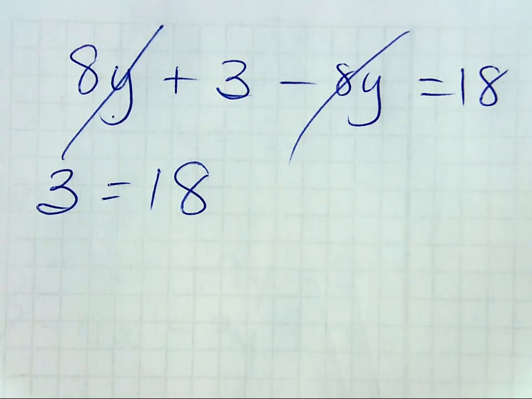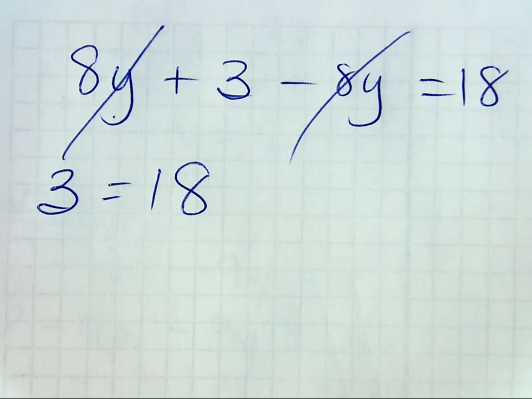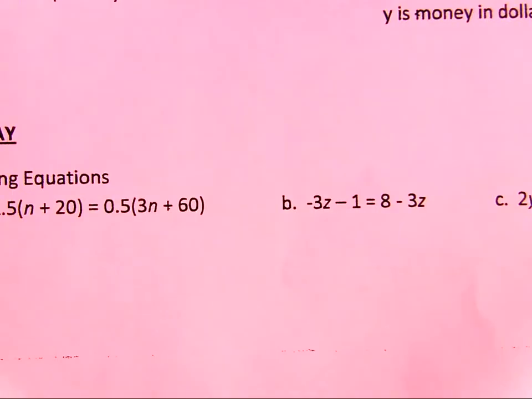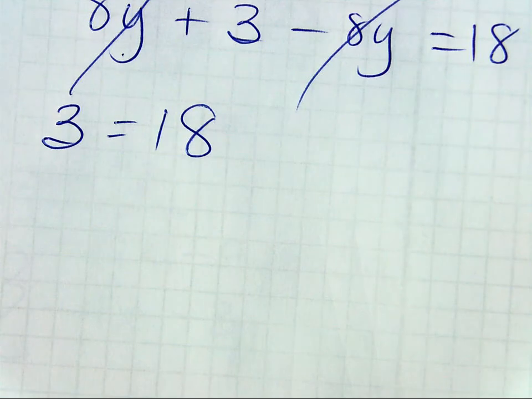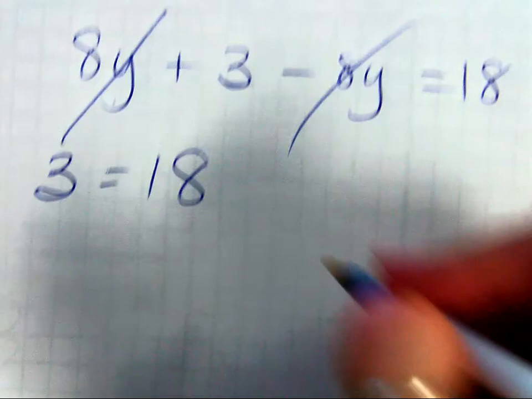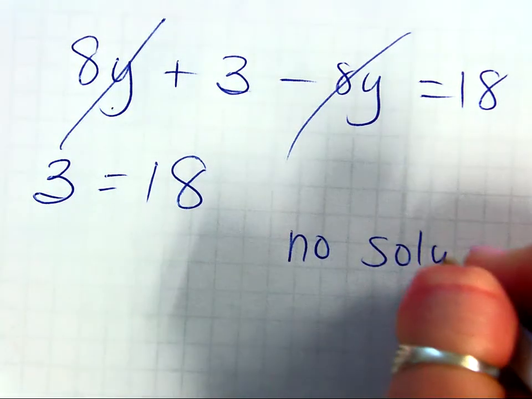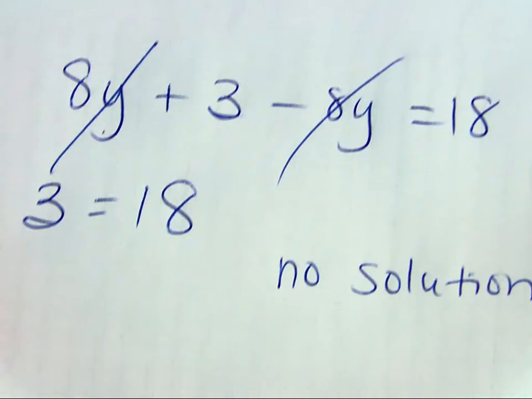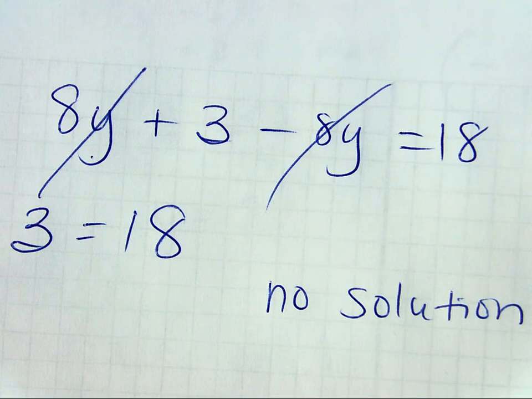So do you remember the bell work on Wednesday when it says what happens when the variables cancel and you have a true or false statement? Right? Remember that? A false statement means what? No solution.